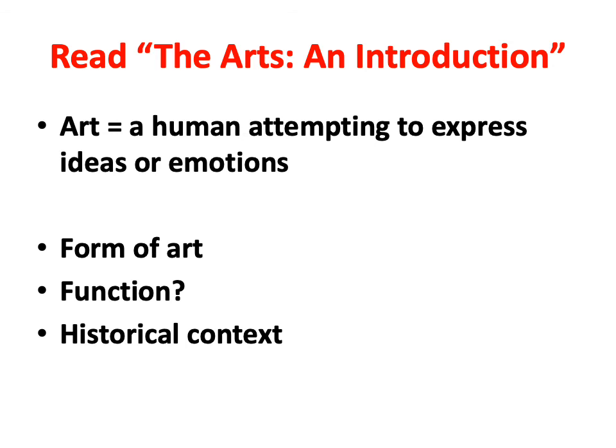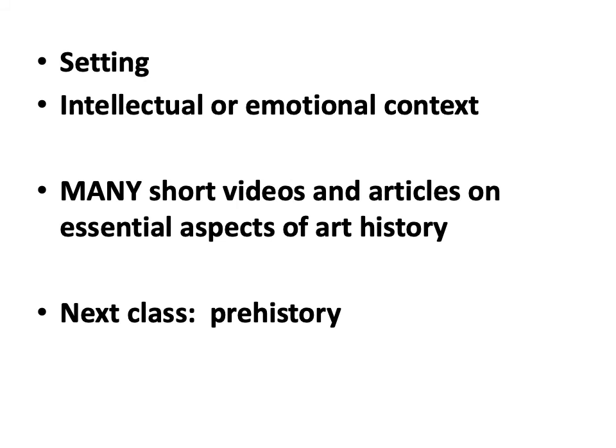And this article will discuss the various forms of art, what was the function, the importance of the historical context, which I mentioned. The setting was the artwork created for the home of a wealthy person, for a church, but it was never, ever produced to be put in a museum at the time.